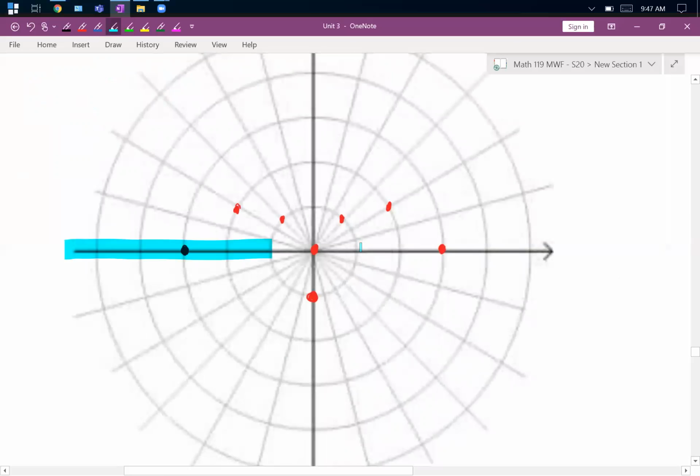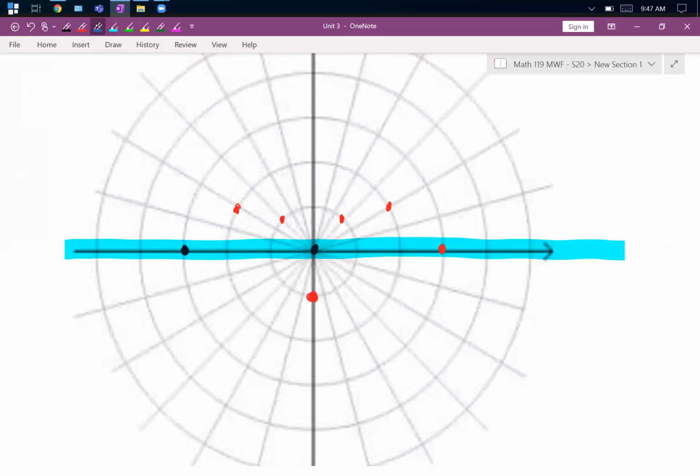Our test told us that this graph is symmetric about our polar axis here. Currently, we do not have the mirror image on both sides of this line, so we want to reflect our points to get that mirror image.